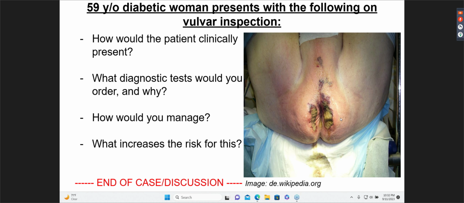And what toxin are they releasing? I think it had to do with like if it was a Clostridia bacteria. I don't know, to be honest with you.